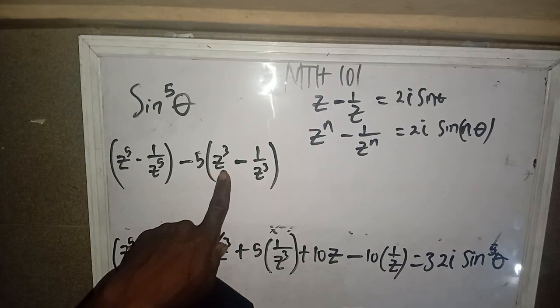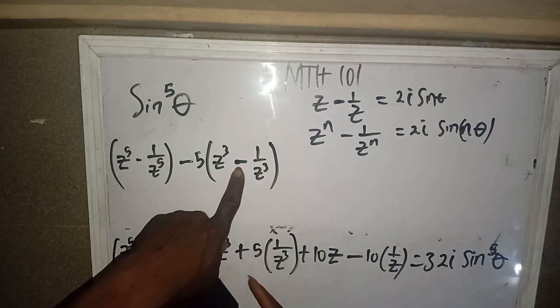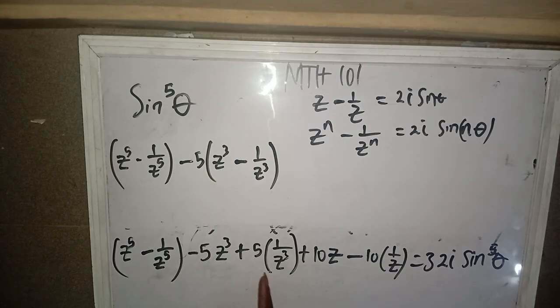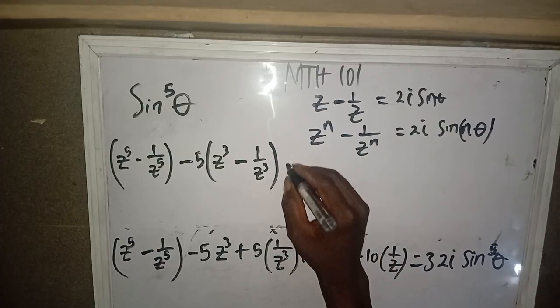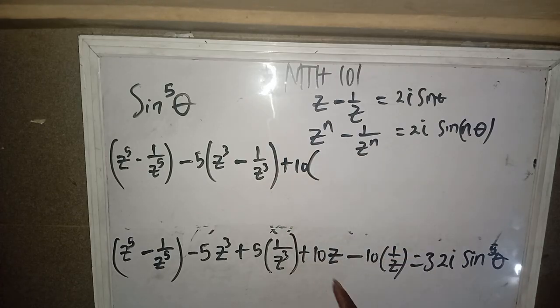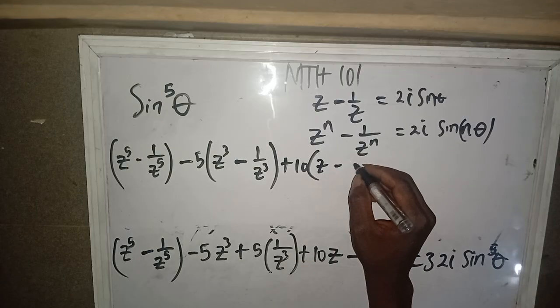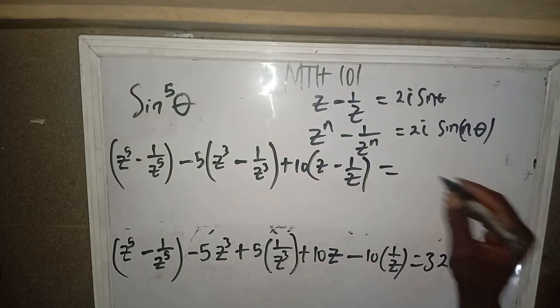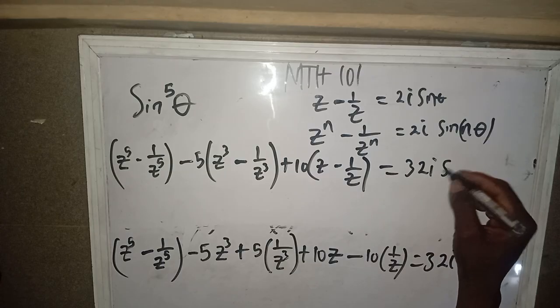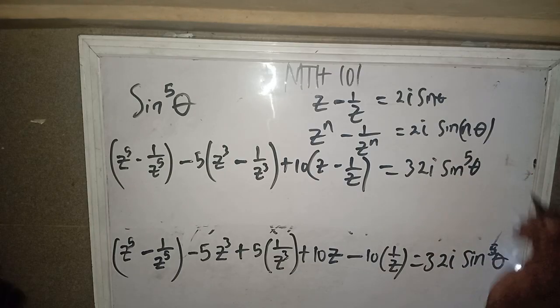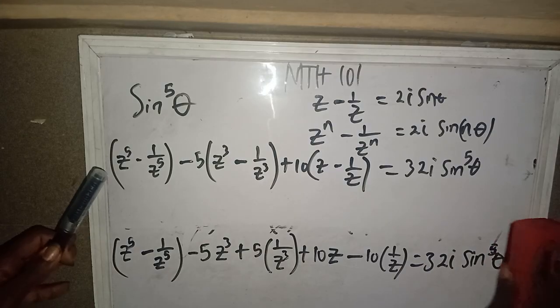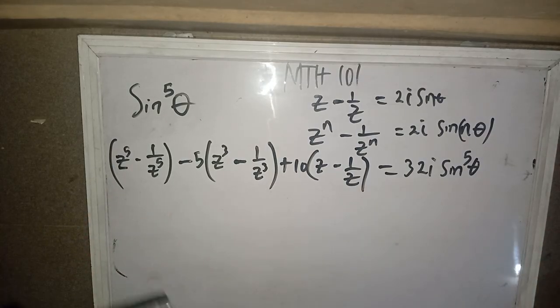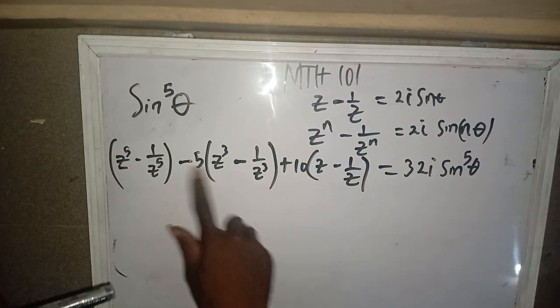Minus times this, you have this. Minus times minus this, you have plus. So what is common to this one? 10 plus 10. What we have left here? Z minus 1 over z, isn't it? Equals to what? 32i sine this. So are we together? So yeah, now don't forget this will change to minus because there is minus outside that will multiply it.